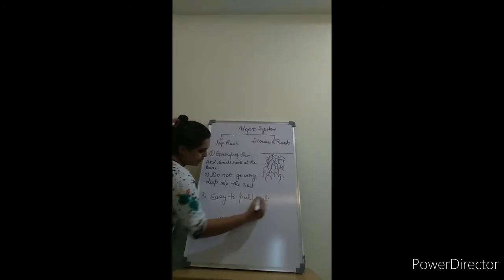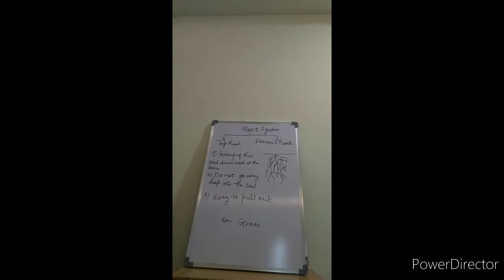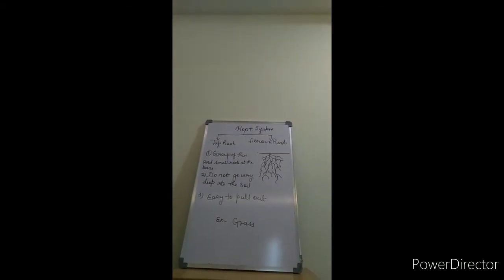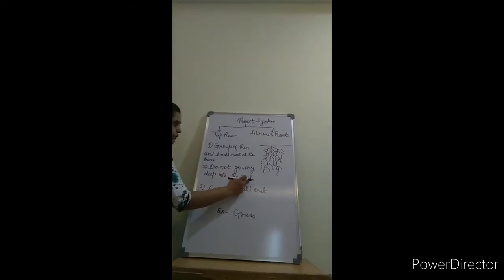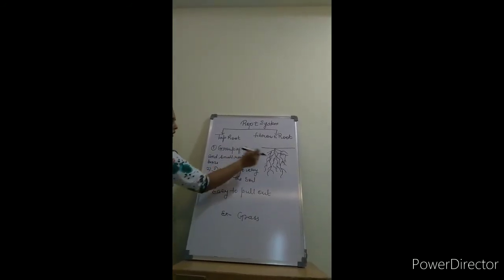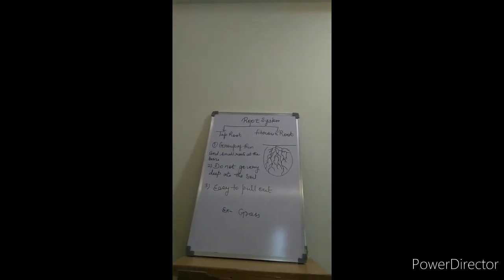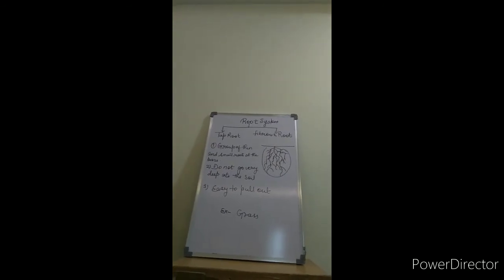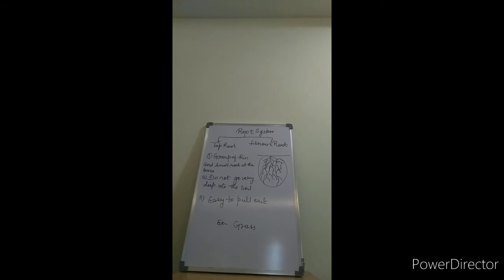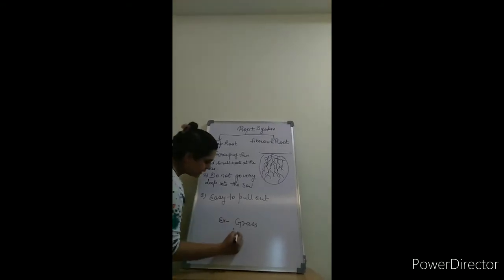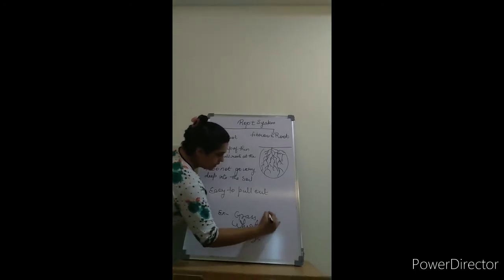For example, grass. If you go outside and pull grass, it is very easy for you to pull it out. Why is it easy to pull out? Because these roots do not go very deep into the soil. This is a group of thin and very small roots. Other examples are wheat, maize, rice and herbs.